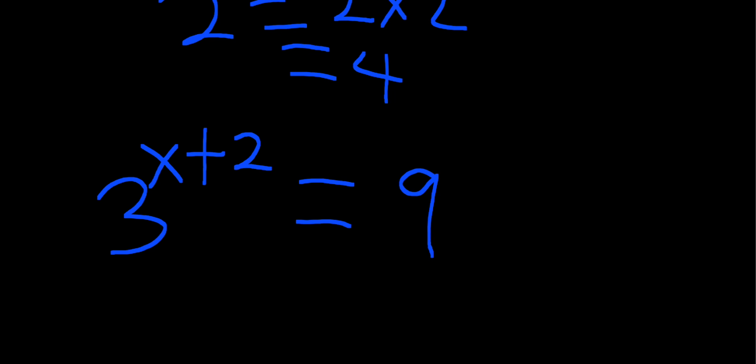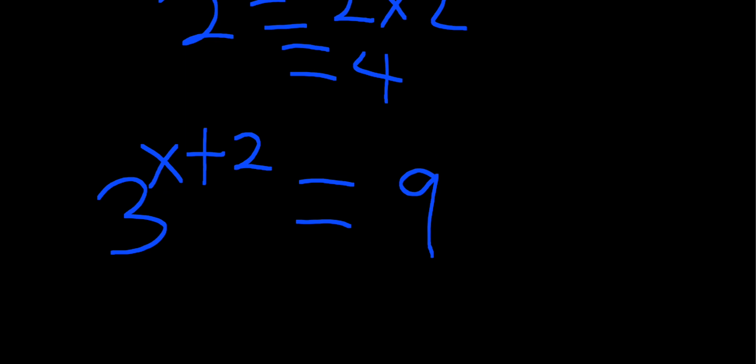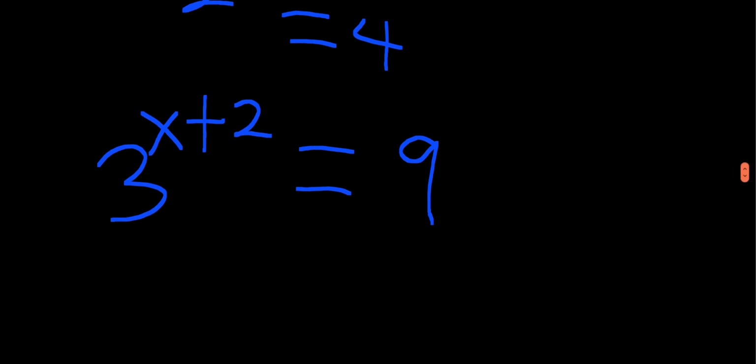If you look at this work carefully, you realize that the bases are not the same. 3 and 9, they are not the same. So what can you do to make the bases the same? We know that 9 can be written as 3 exponent 2.